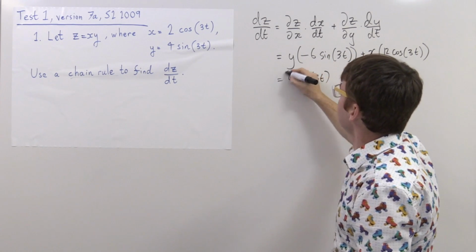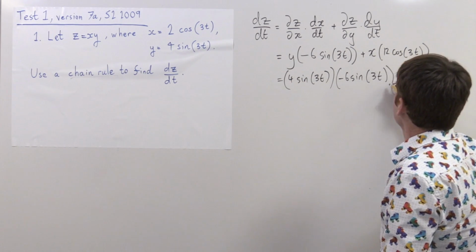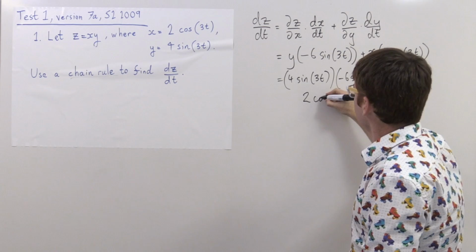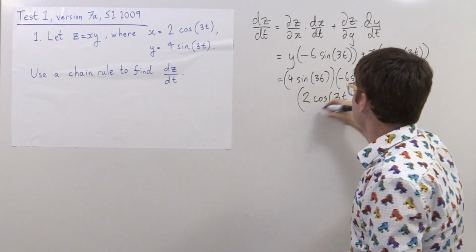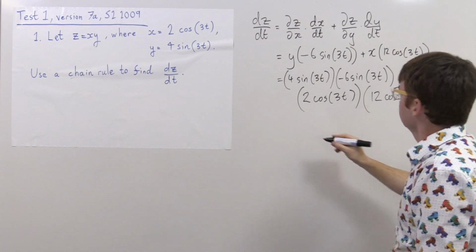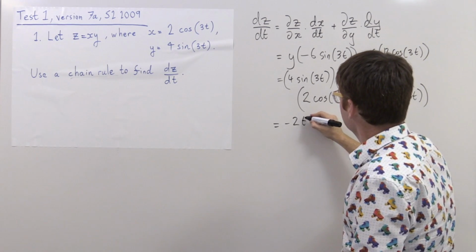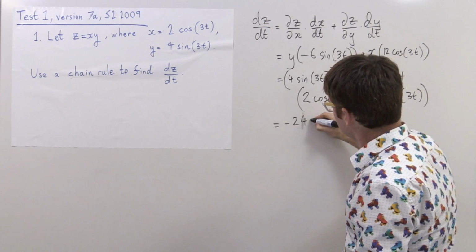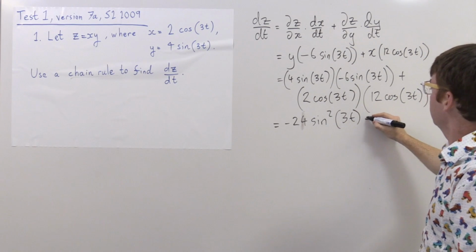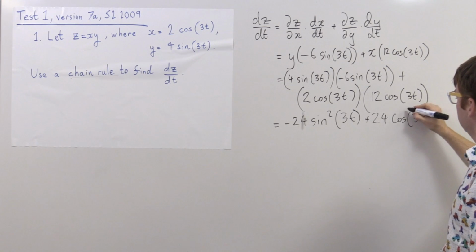I keep saying t, I mean 3t, times negative 6 sine of 3t, plus x is 2 cos t, so that's 2 cos t times 12 cos 3t, which I can write as negative 24 sine t sine 3t plus 24 cos t cos 3t.